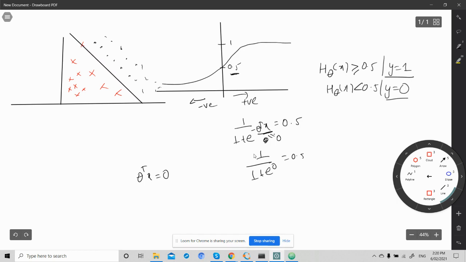This would be my boundary line. This distinguishes whether we predict our value as admit or not admit. So we will be adding a boundary line here.